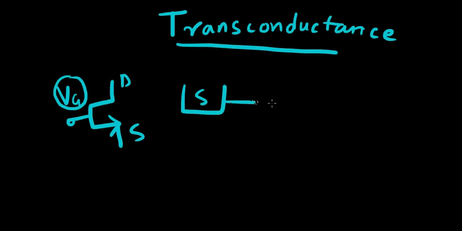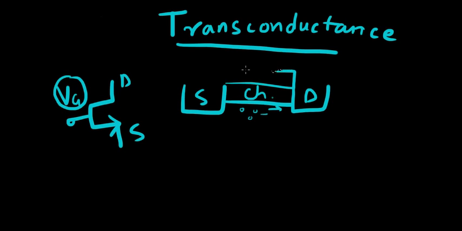If you look at it, you have the source, you have the drain, and you have a channel here, right? You're going to have electrons flowing inside the channel based on a certain gate voltage applied. Of course, it'll pass over the oxide and then be effective, so the effective voltage is always VGS minus VTH, VTH being the threshold voltage.